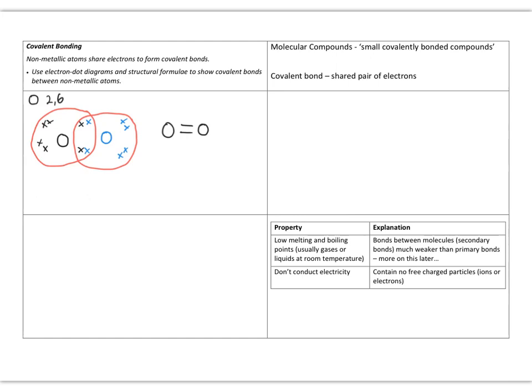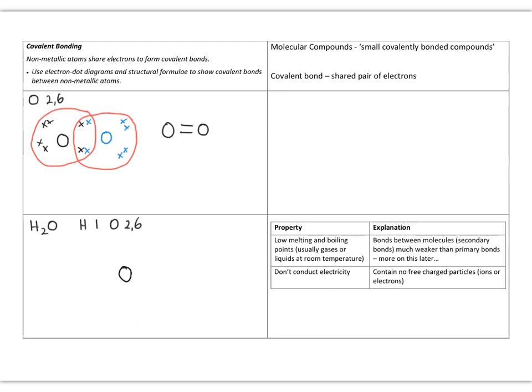Let's look now at a very common chemical that you're probably familiar with, which is water, H2O. Now we know that hydrogen has just 1 electron, and oxygen, as I said before, is 2, 6, so there's 6 valence electrons. Hydrogen wants to get to 2 electrons. Oxygen wants to get to 8 electrons. So how does that happen?